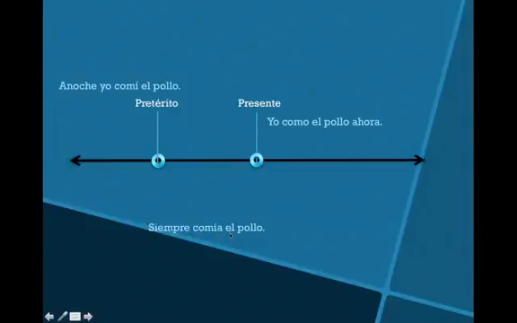Siempre comía el pollo. Siempre meaning always. Now it's not one point on the timeline, it's more like several points on the timeline. Or we don't really know when this is stopping and starting, it's just always. So that's why we can visualize the imperfecto as kind of a cloud or an imperfect, non-precise period of time.